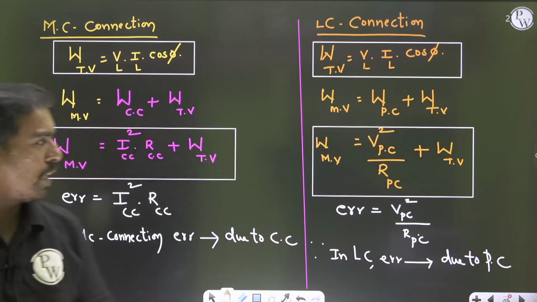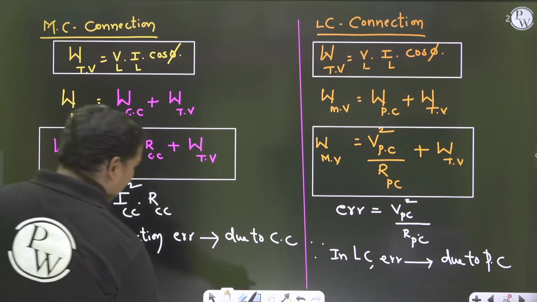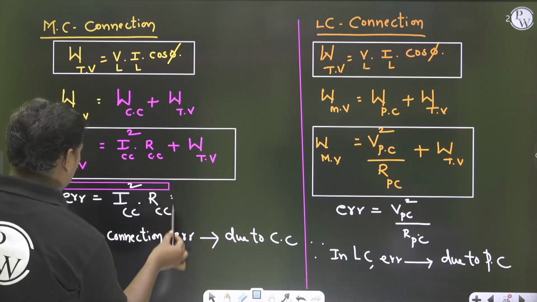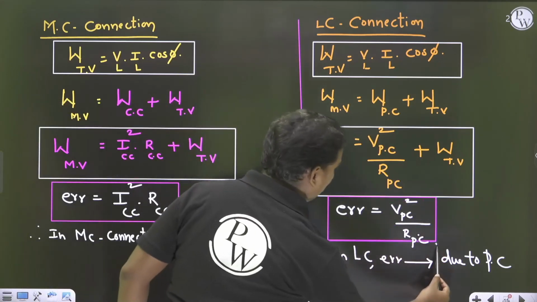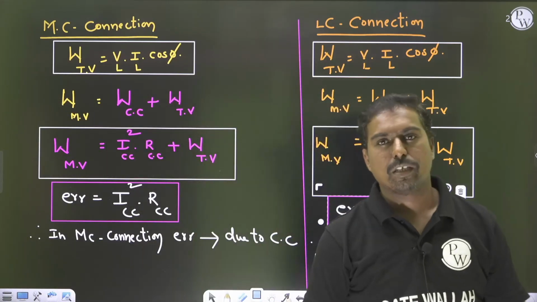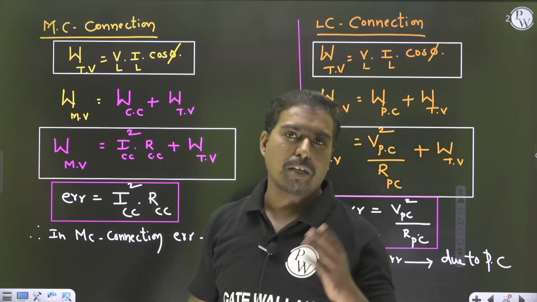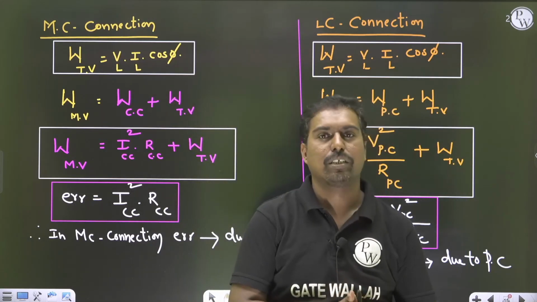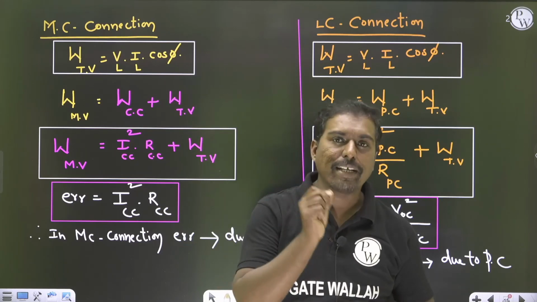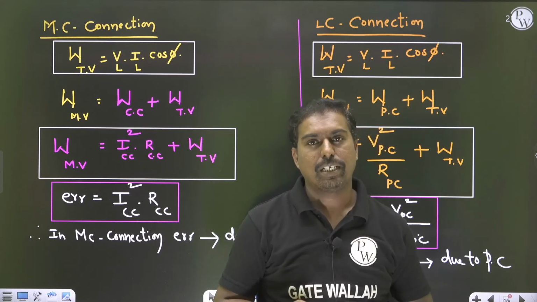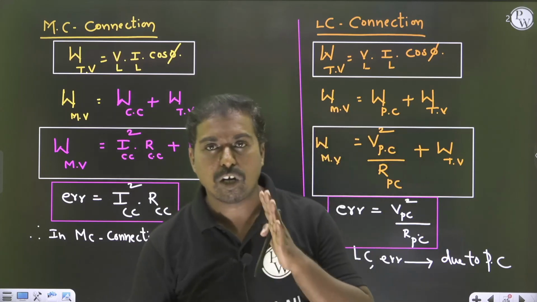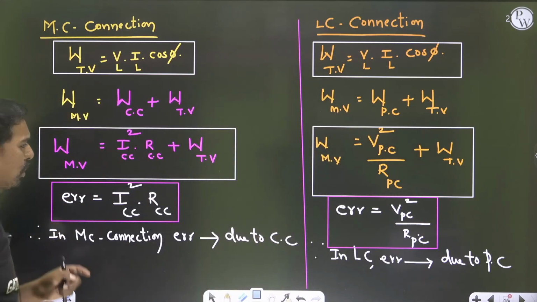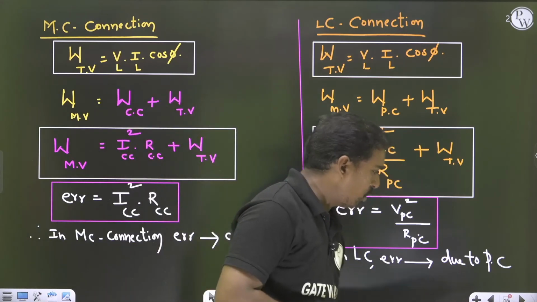One important point I want to tell you: these errors are expected questions, my dear. Whether it is LC connection or MC connection, always remember the error is due to the coil which is connected to the load side.